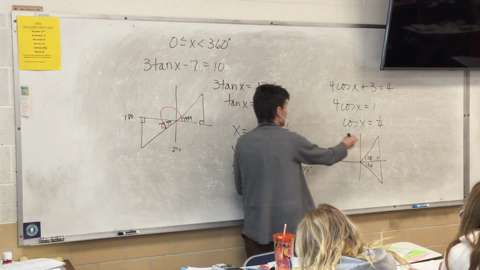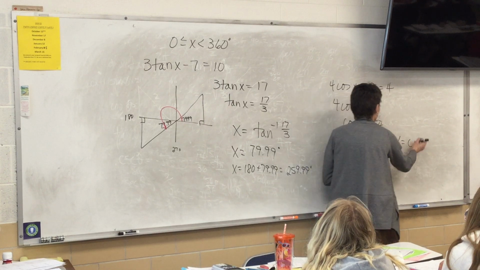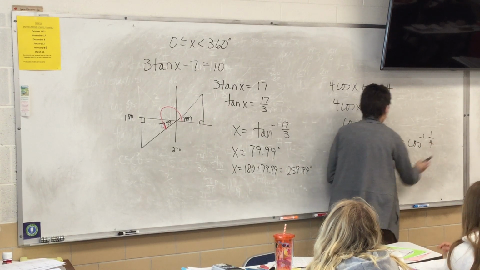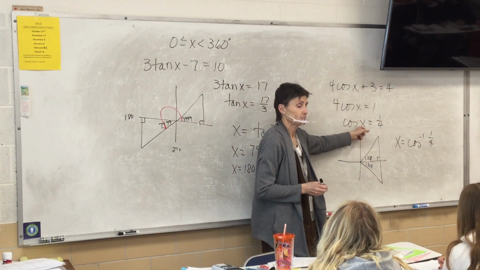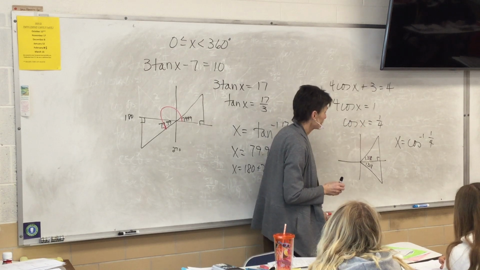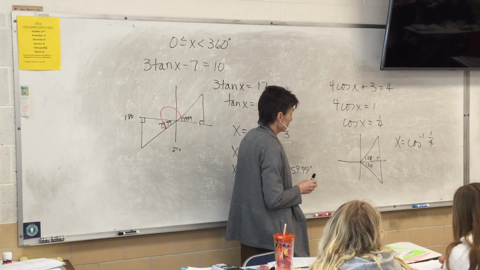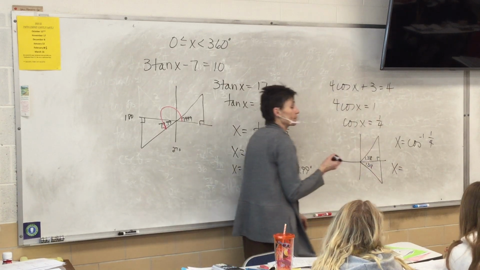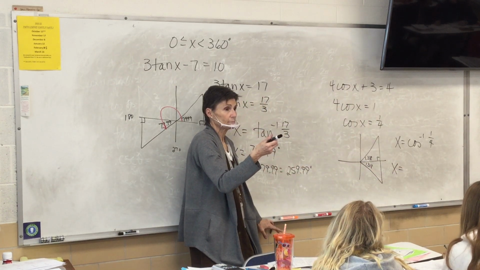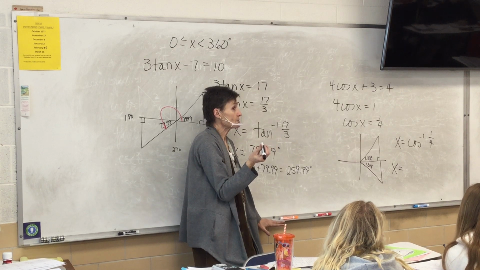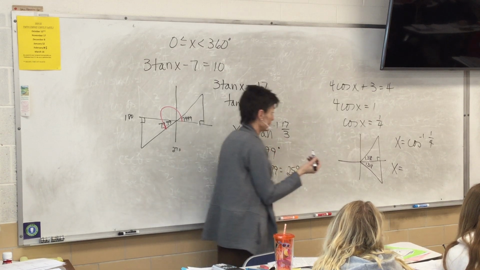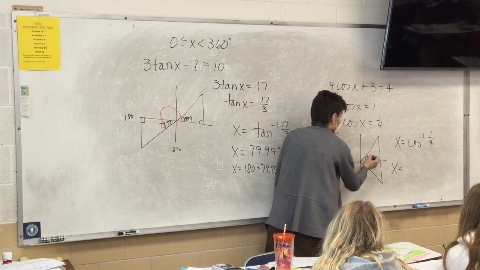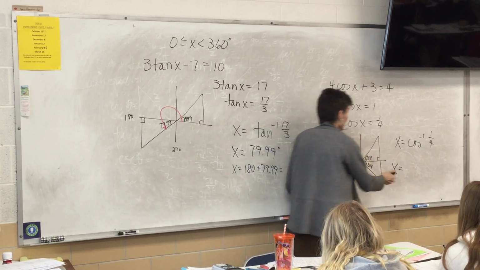When do I have to use second cosine? When my job is to find the angle. Okay. Everybody still with me? So what are the answers to the problem? That one's one of them, right? 1.318.